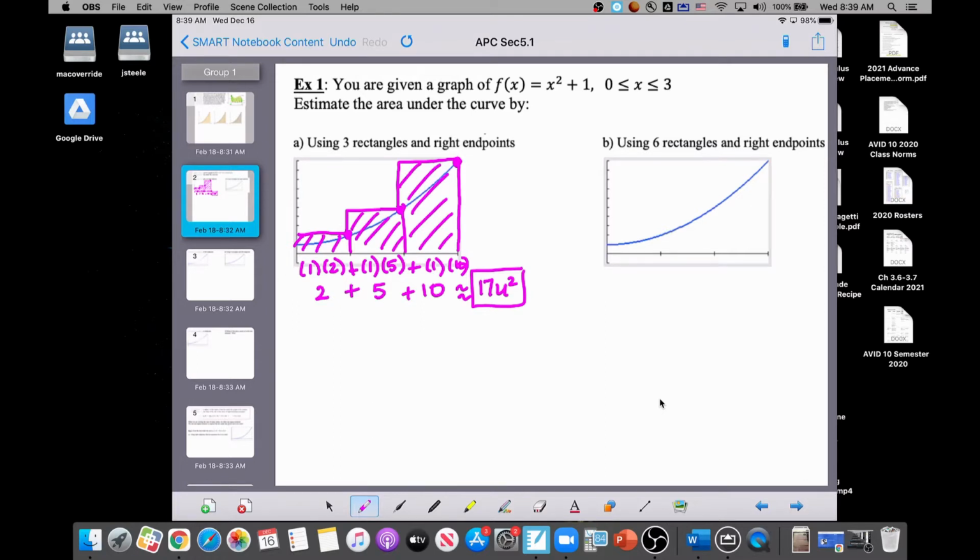Okay, now in letter B, it's asking us to do the same thing, except this time it wants us to estimate using 6 rectangles and right endpoints. So now we're going to be dividing our space into 6 rectangles. So our bases of our rectangles now are going to be 0.5 instead of 1. And this is what our picture is going to look like for right endpoints.